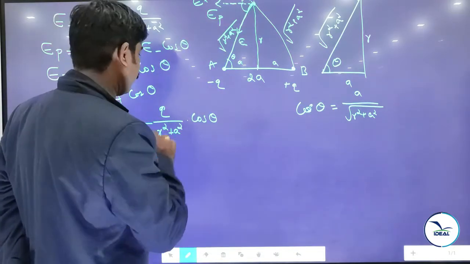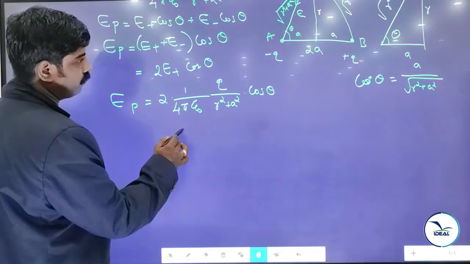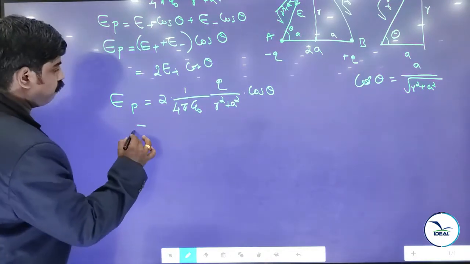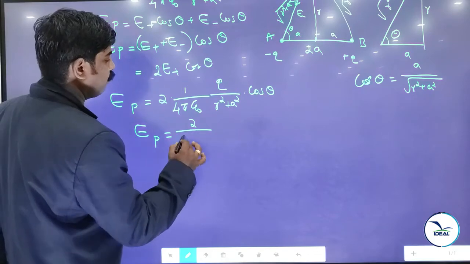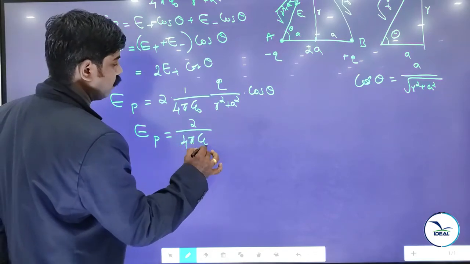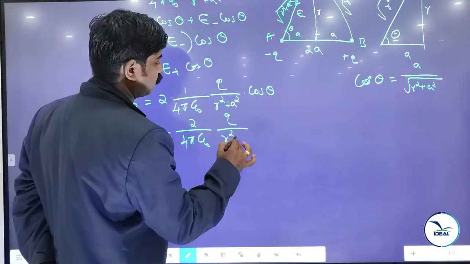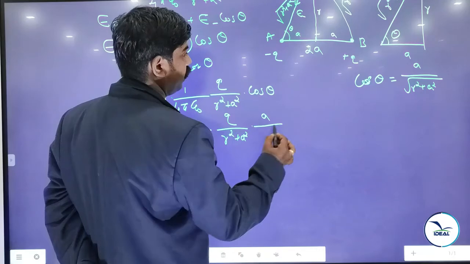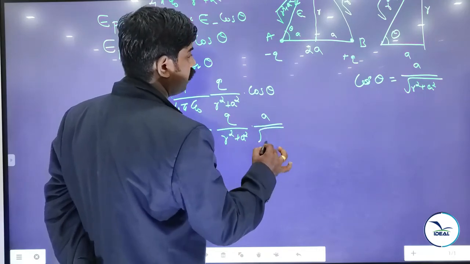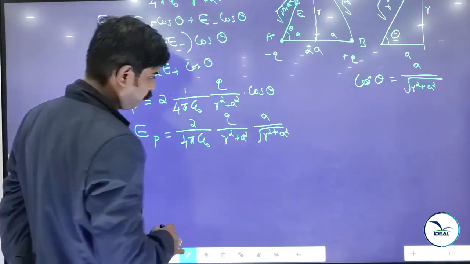Okay. So we can substitute the value of cos theta here. So we will get EP is equal to 2 by 4 pi epsilon 0 Q divided by R square plus A square into A by root of R square plus A square.